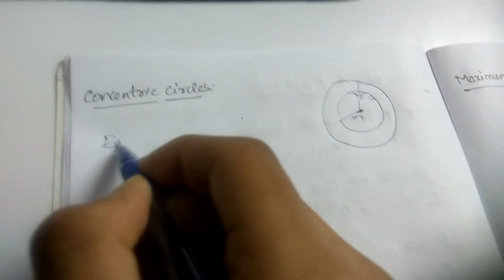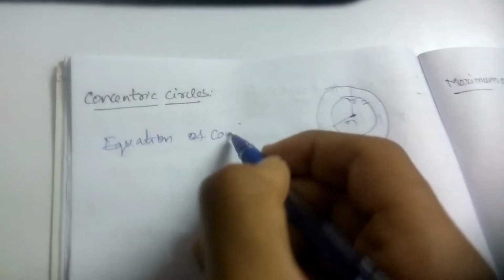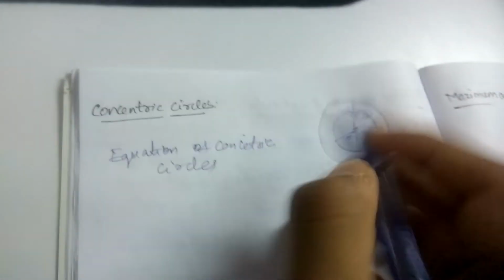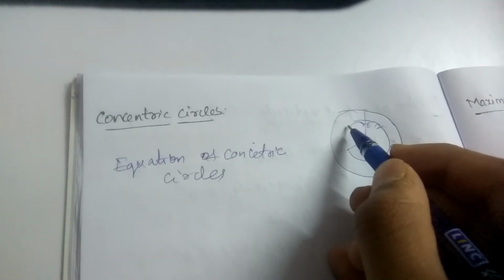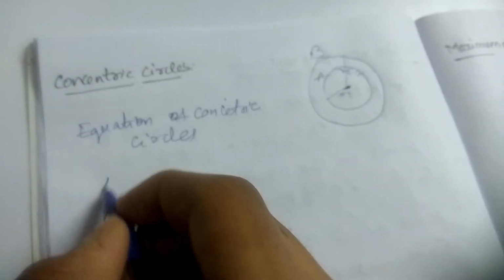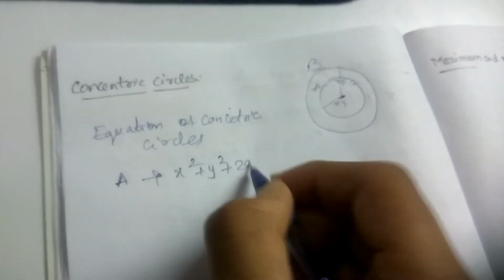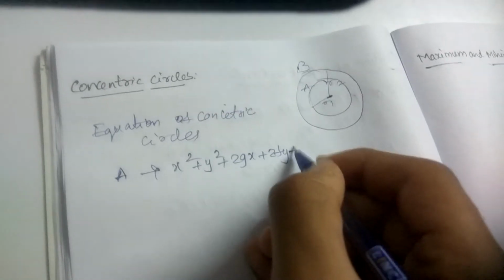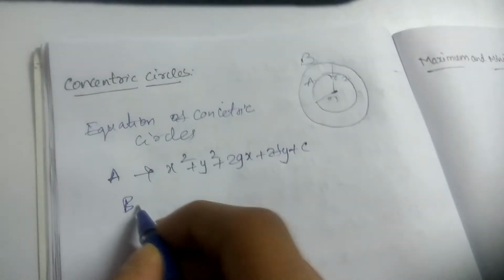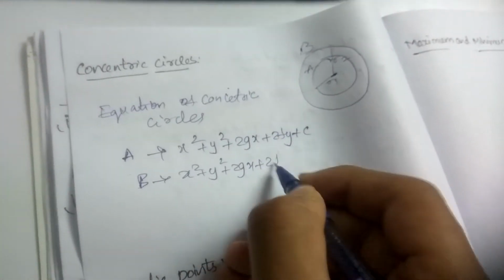Let's try how to find the equation of concentric circles. Let's take this inner small circle as A and the outer bigger circle as B. If the equation of A is x square plus y square plus 2gx plus 2fy plus c, then the equation of B will be x square plus y square plus 2gx plus 2fy plus k.